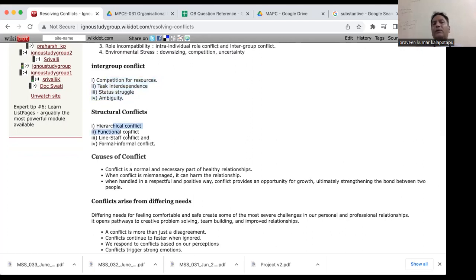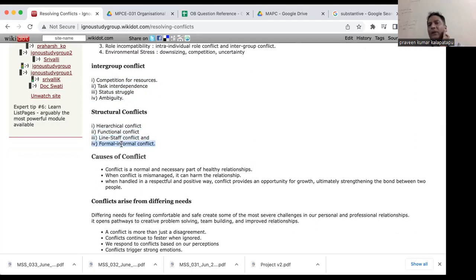So now coming to structural conflicts. These are conflicts which are more structural in nature, when it comes to the structure of an organization. Hierarchical conflict: conflict could be around hierarchy. It could be functional, basically what kind of job you will have to do. And it could be a line and staff conflict, right?